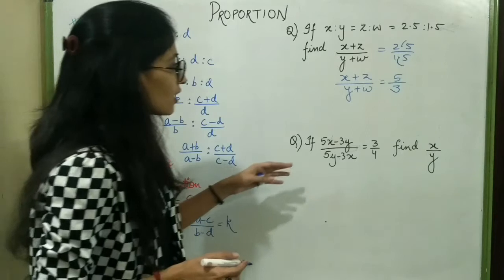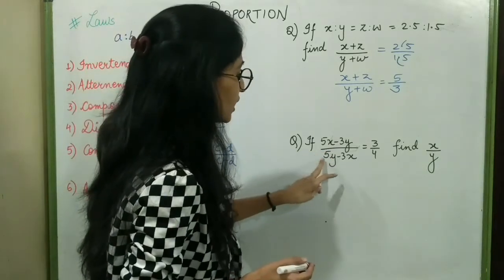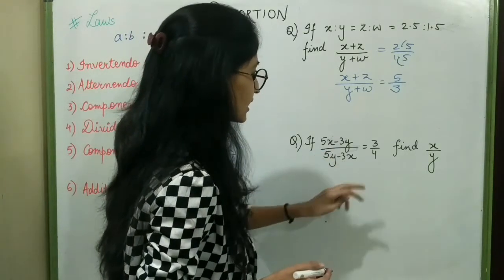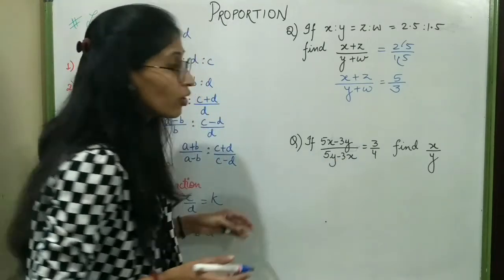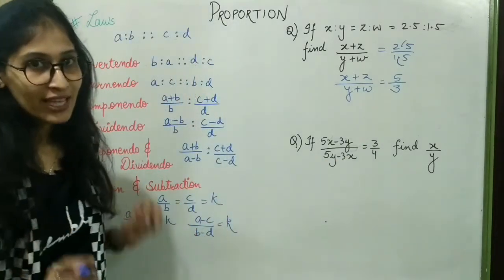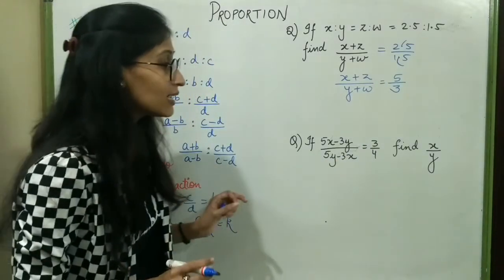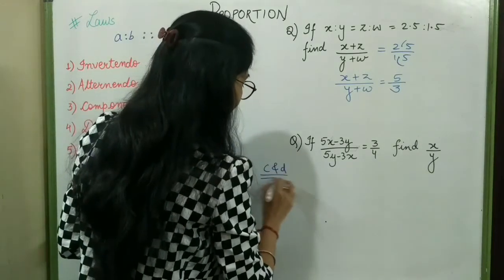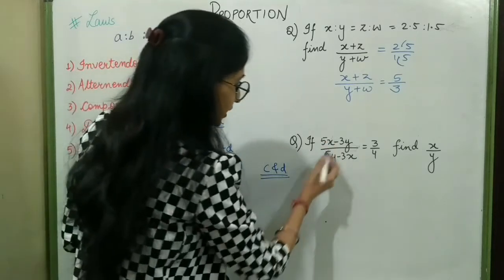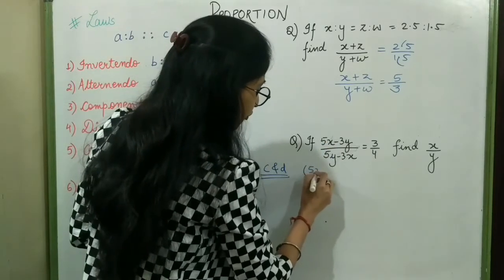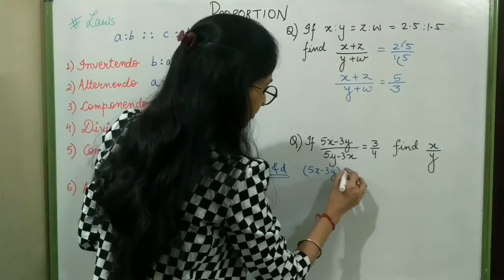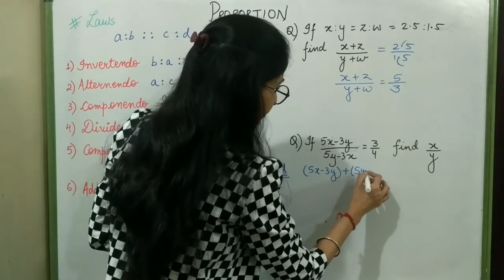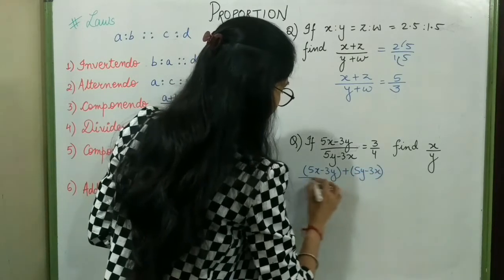Next is, if 5x minus 3y upon 5y minus 3x is equal to 3 upon 4, find the value of x and y. So here I am applying componendo and dividendo. In the numerator, add the values 5x minus 3y plus 5y minus 3x.